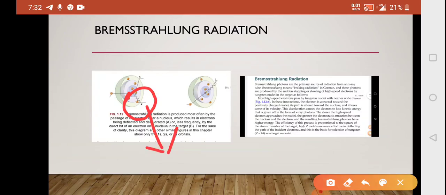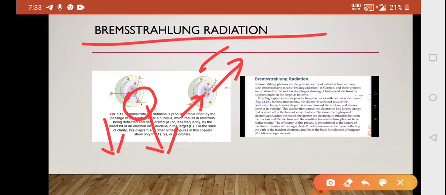So this was about your Bremsstrahlung radiation, and sometimes the electron that hits the nucleus produces X-rays of the same energy. So it can either produce the same energy, or the electron gets deflected and it produces X-rays of a lesser energy. It depends, but this procedure is known as Bremsstrahlung radiation, and this is the way X-rays are produced, and most of the X-rays are produced by this radiation.